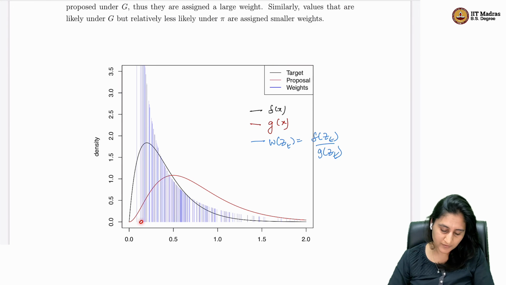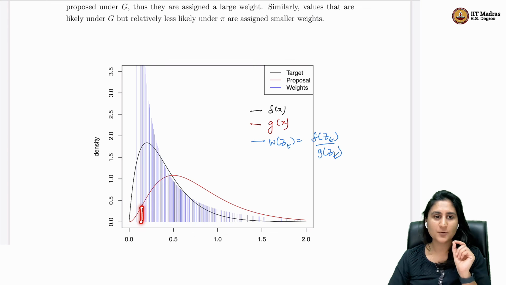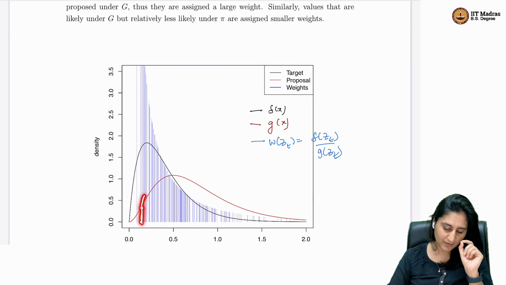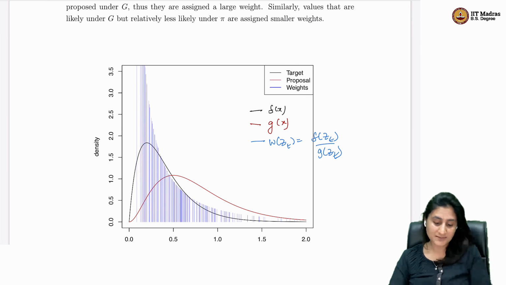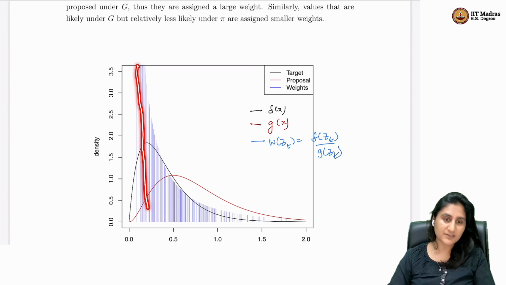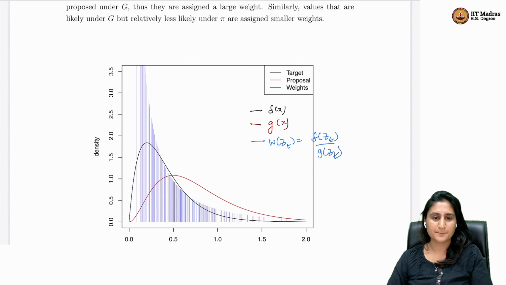Versus, let's say, over here, my proposal density takes a very small value, but my target density takes a really large value. So the target value is really large relative to the proposal density value, and so the weight assigned is really massive.